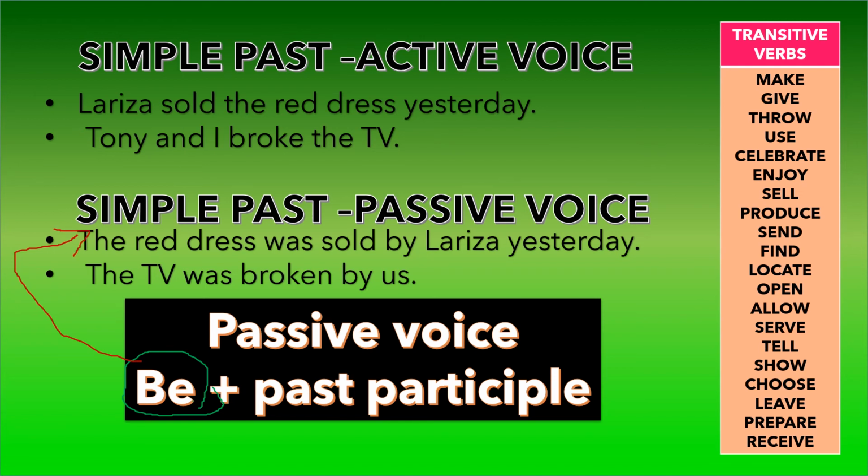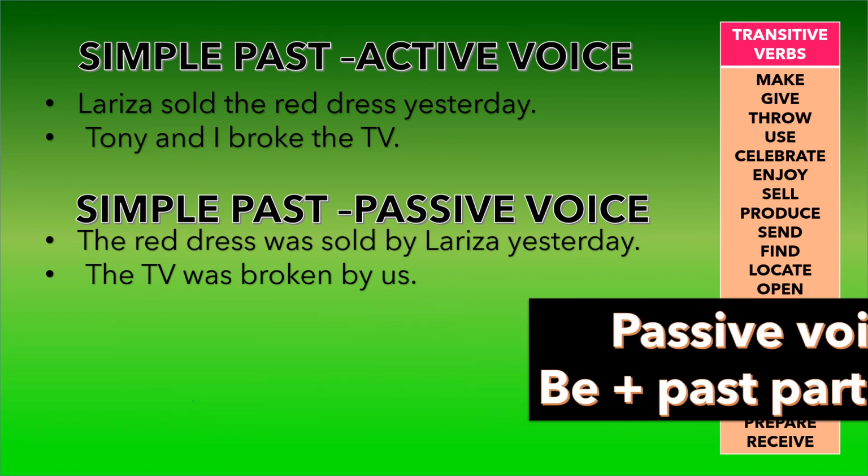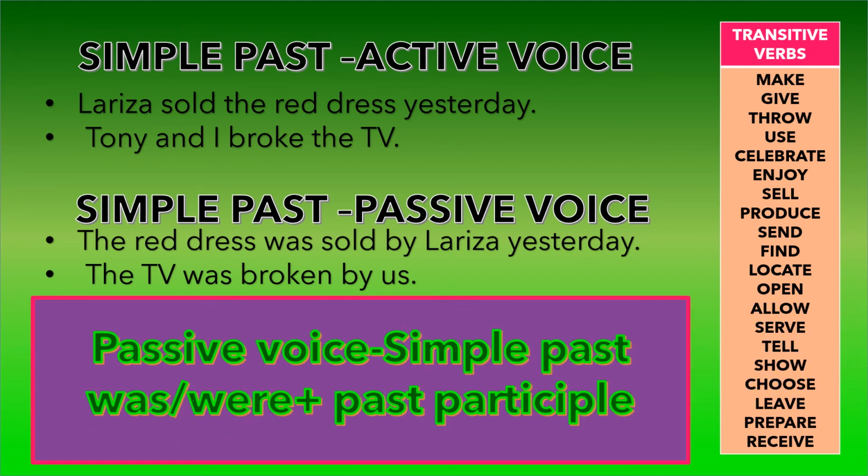So what is the past of be? Was and were, right? So that's the structure for simple past passive voice. The structure would be was or were and a past participle.